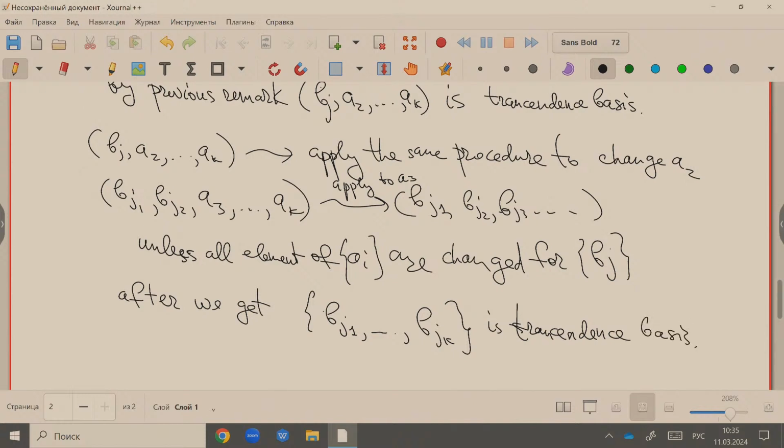And since it is a subsystem, this implies that K is equal to S.